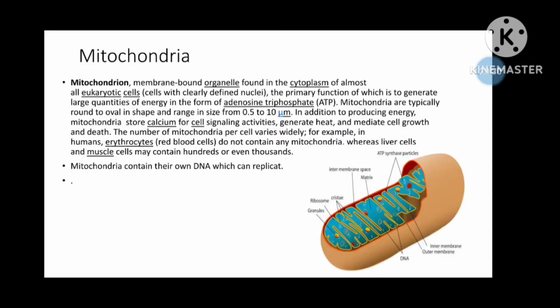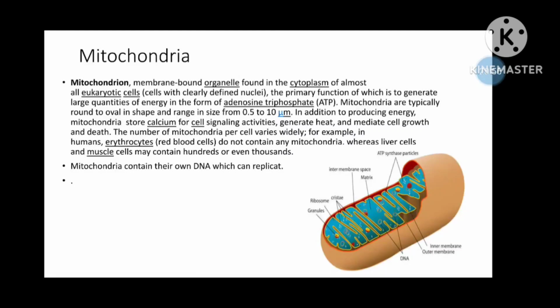This mitochondria contains a cristae-like structure. This structure is very crucial for the mitochondria because the breakdown of pyruvic acid takes place in it, right?